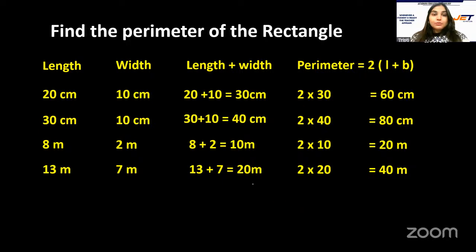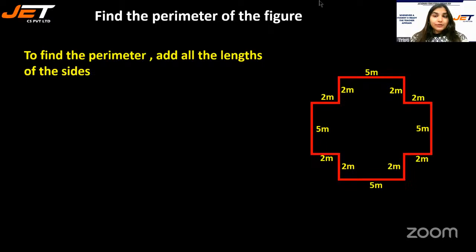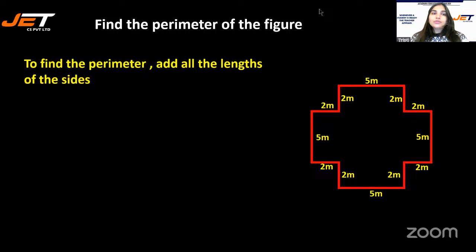Okay, before we do more of these questions, let me take you to an interesting question, which is this. So here you need to find the perimeter of this figure. And you know, perimeter is the sum of all sides. You just need to add all the sides to find the perimeter.